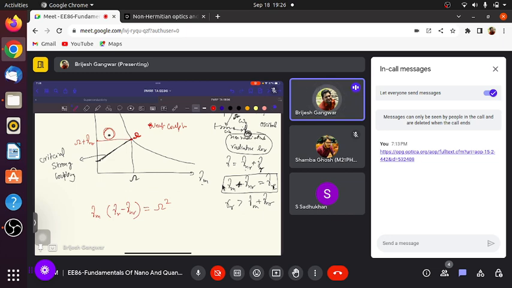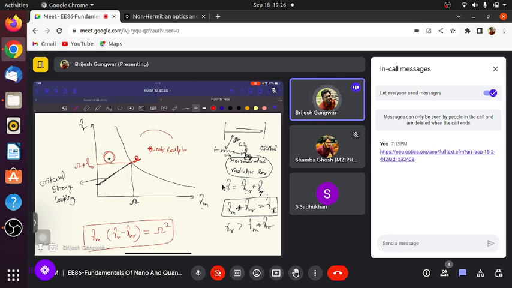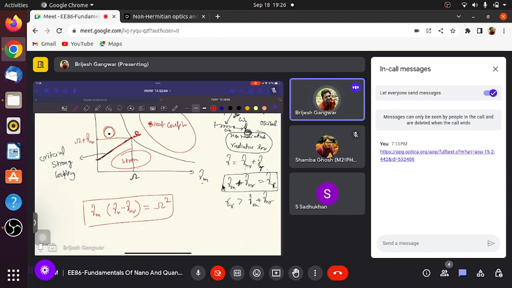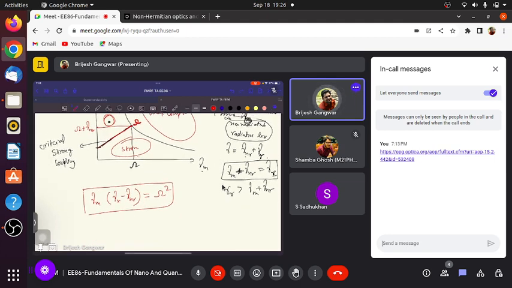So this is strong coupling and this is for weak coupling. So this condition comes in this region, and if it is in this region, it is called strong coupling, and at this line this is critical strong coupling. So what is the difference between all these three?